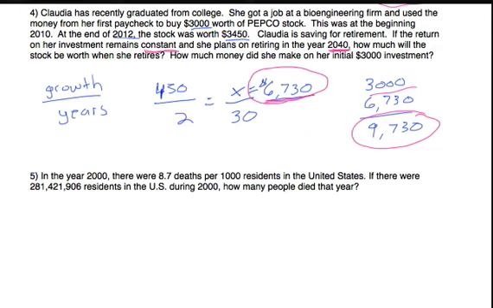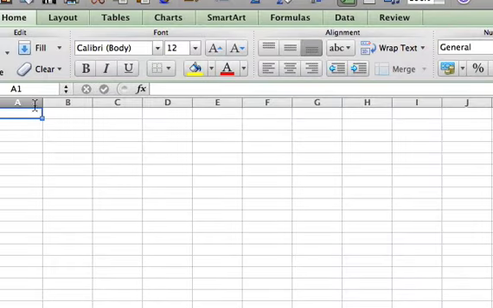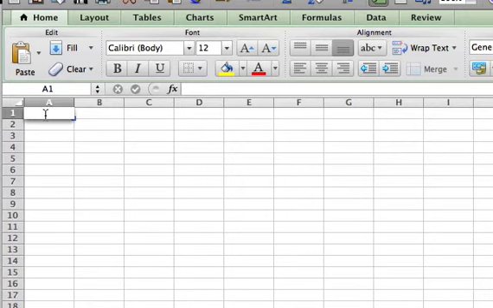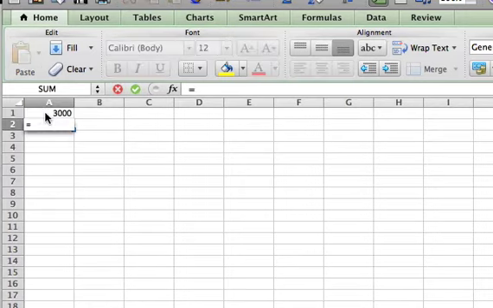And while I have your attention, the thing about stocks is they don't grow at a constant rate, but even more importantly, they grow by percentages. So you can't think of stocks growing at a certain rate per year. So imagine we start at $3,000 the first year. The second year, let's say it grows by 6%.